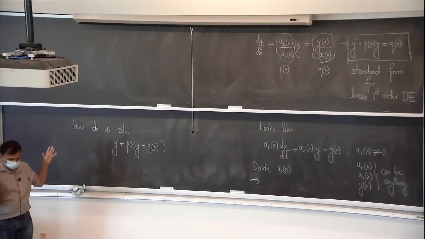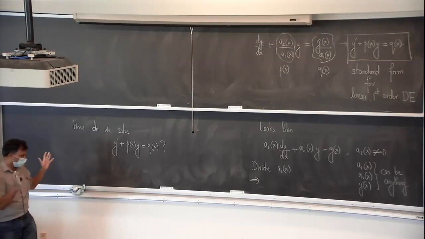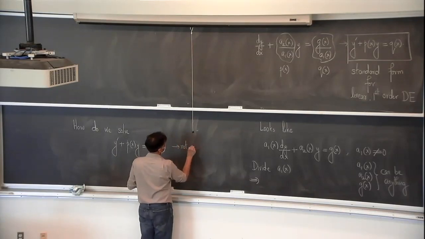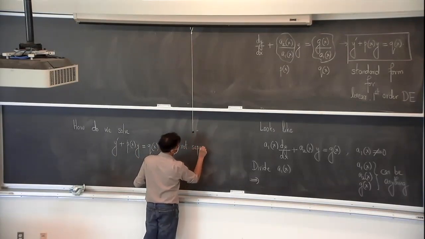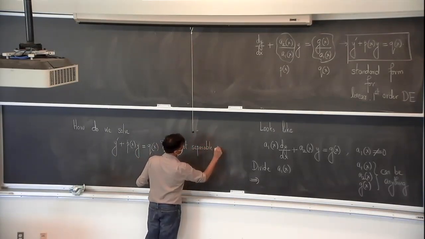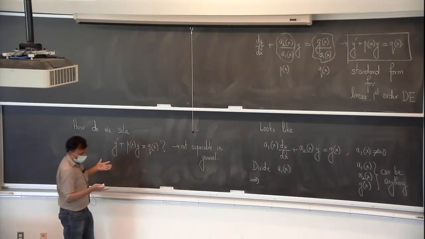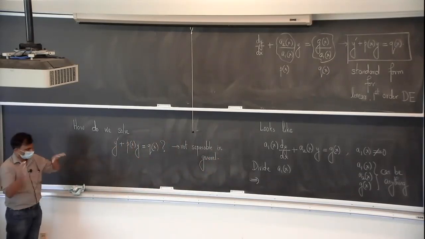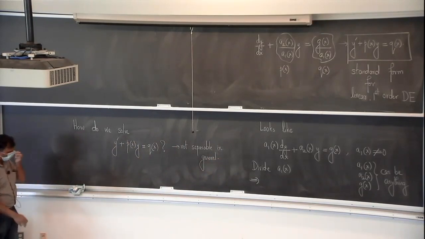In some freak cases it might be, but usually this is not separable. I'm saying in general because there are some equations which are separable and you could do whatever we're going to do next. That's always there, but most of the equations we're going to see in this section are not separable.